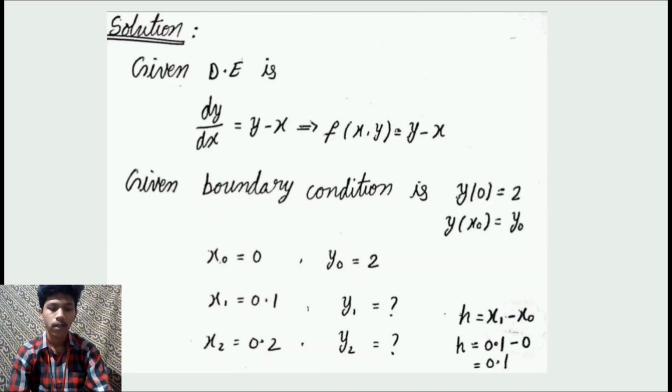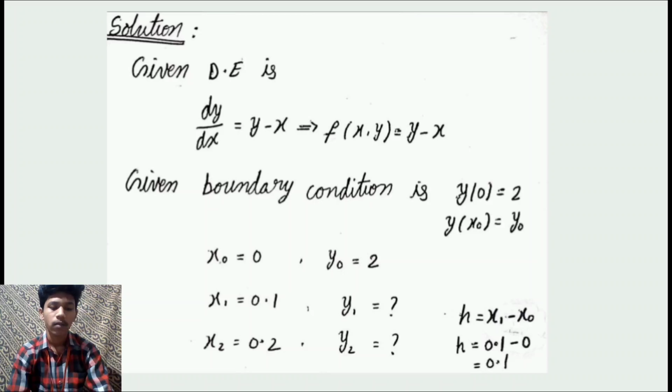Firstly, we consider the given differential equation dy by dx is equal to y minus x. Let f of x comma y be equal to y minus x, and the given boundary condition is y of 0 is equal to 2.